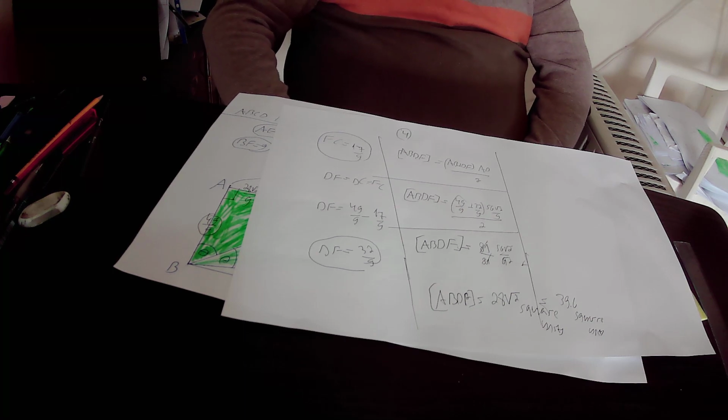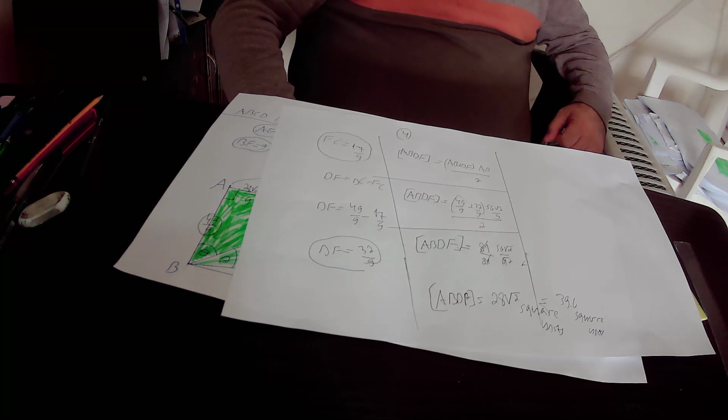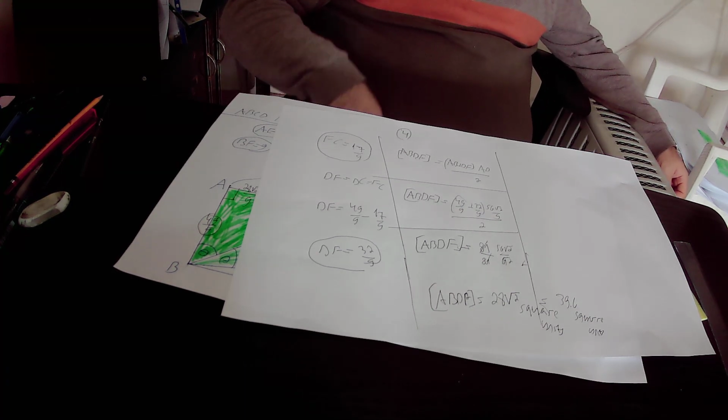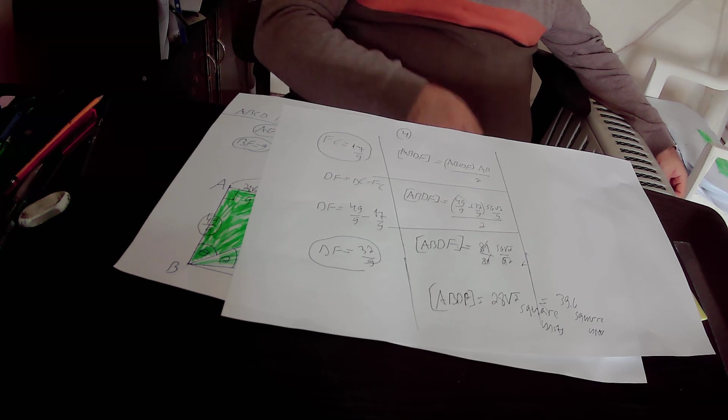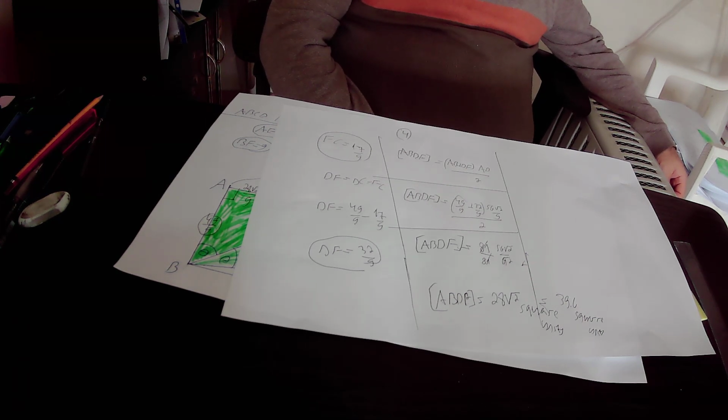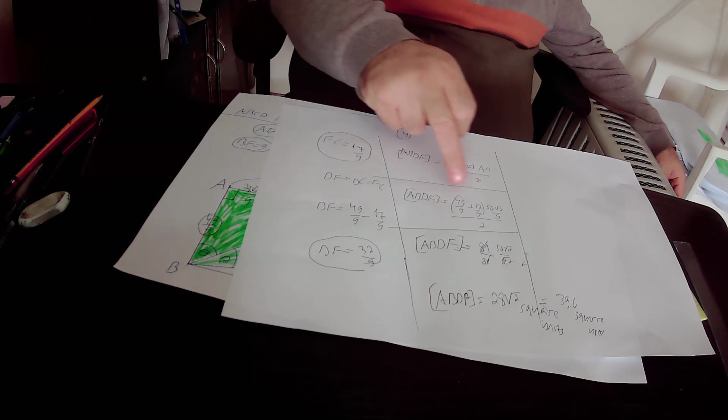So the area of trapezoid ABDF equals AB plus DF times the height AD over 2. AB is 49 over 9, DF is 32 over 9, and AD is 56 times root of 2 over 9. So we got this expression.